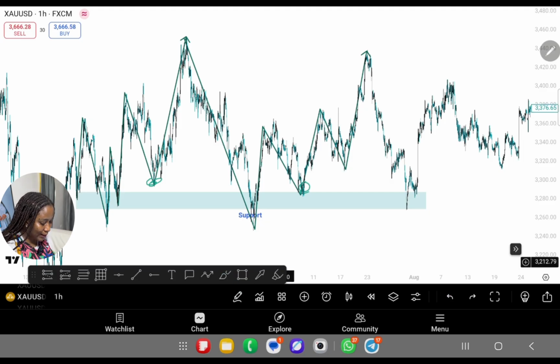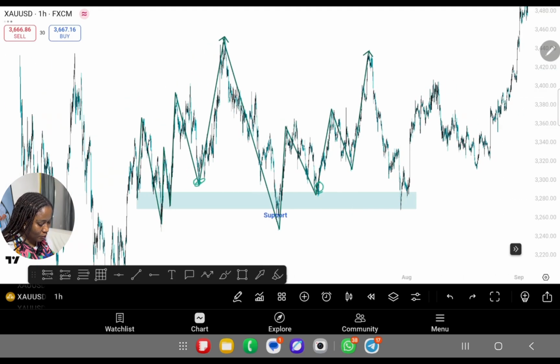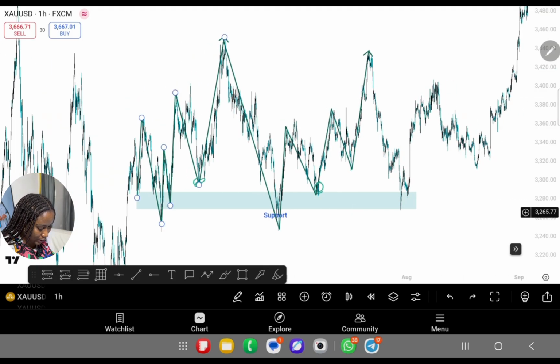So this right here is an area of support that any trader, let's say after you saw this and then it came here, you saw this retest, of course you should know that this is an area that price has always used to push price higher.